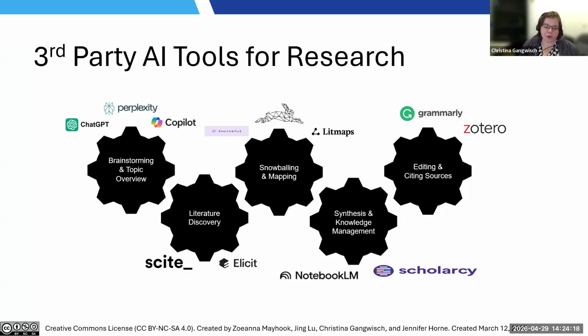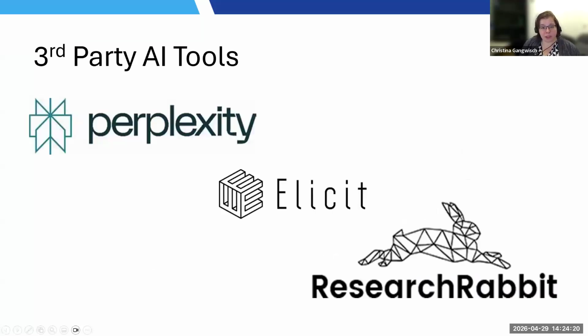So when I was teaching these workshops, I tended to focus on the three tools that I've mentioned here: Perplexity, Elicit, and Research Rabbit. But I did tell students, very upfront, that I could only provide limited instruction on them because I personally don't subscribe to them and because we don't have any institutional subscriptions.